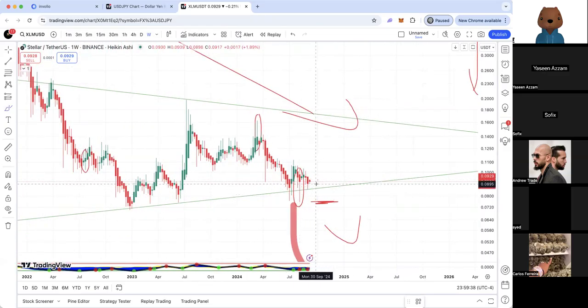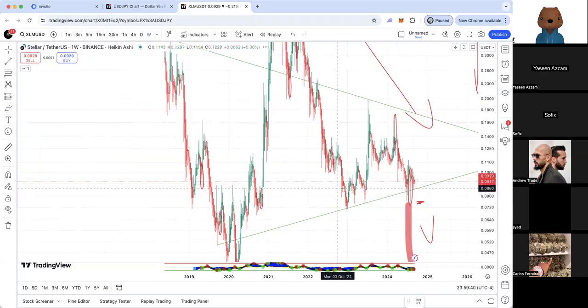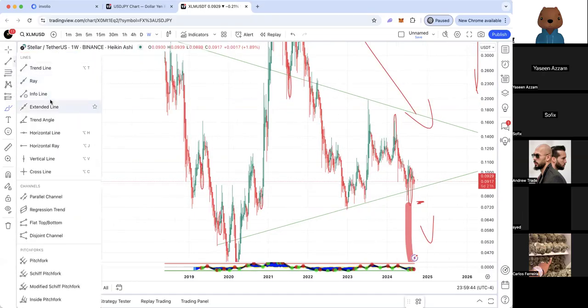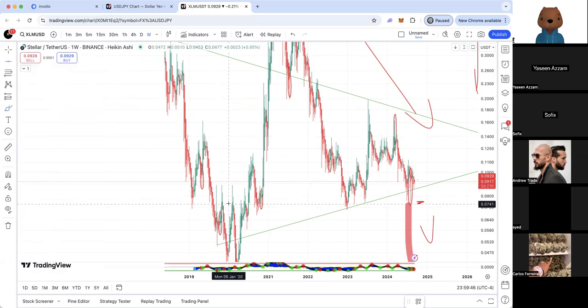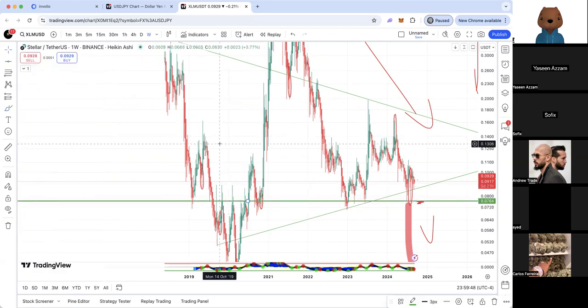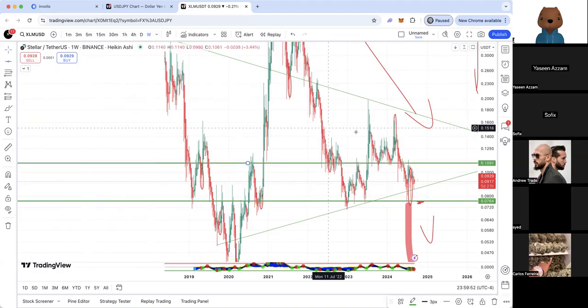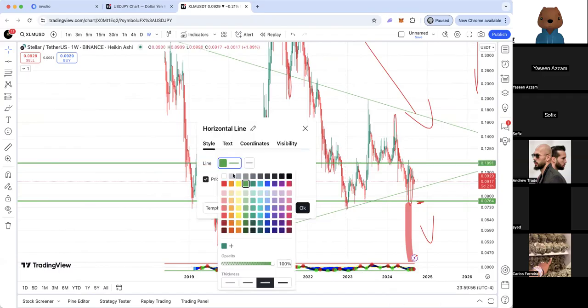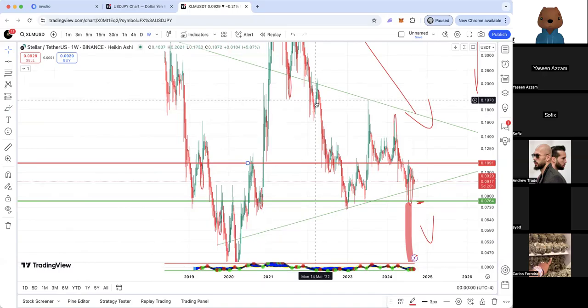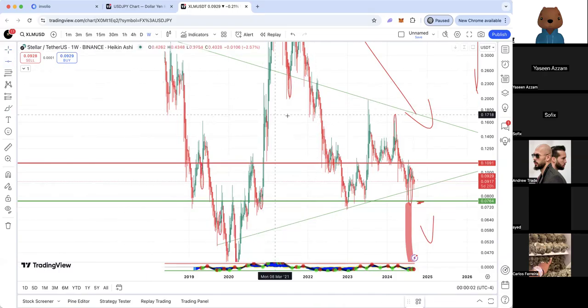So this can be our support level, right? But I made a mistake and I didn't draw my support. I got too greedy, too confident. So let's just put a support here. Let's put another support here. Actually, this is a resistance, right? Because it's above the price. And we got another resistance here.